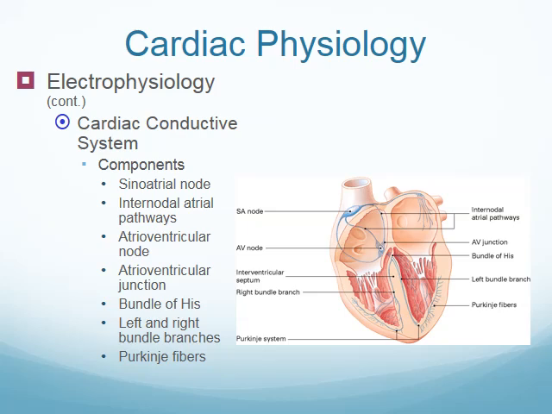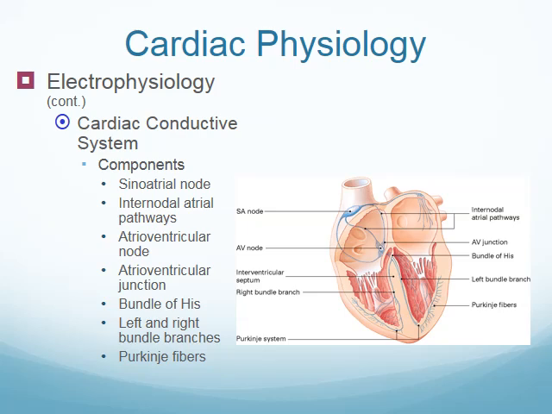All right, so now we're going to get into talking about some of our stuff that's going to come into play a lot more as we begin talking about our EKGs, the conductive system of the heart. So as I already mentioned, the myocardium has to be stimulated electrically to contract. So there has to be an electrical system that innervates all of the muscle tissue to stimulate a contraction.